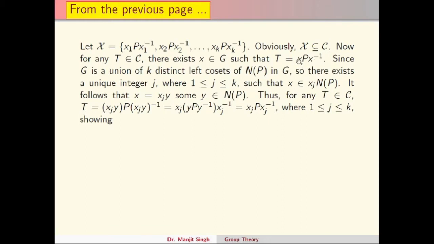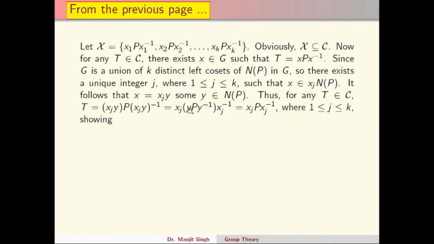Now on substituting x by xj y we have this expression, and applying elementary results of group theory you see that this can be written as y inverse xj inverse, and after associativity we can write xj (yPy inverse) xj inverse.